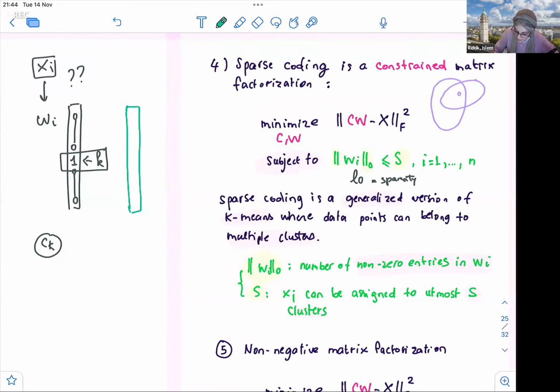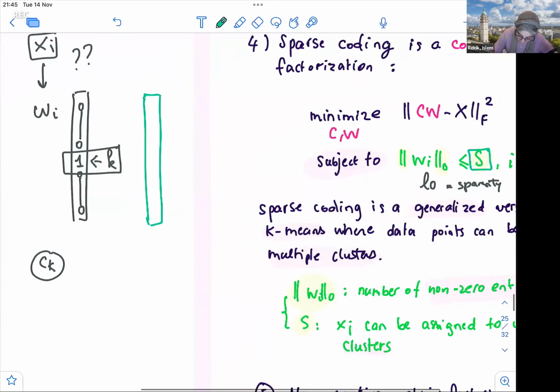but only s entries will be non-zero, okay? So basically, here we'll have, for example, 0.9, lots of zeros, 0.8, lots of zeros, and 0.7. What does this tell us?